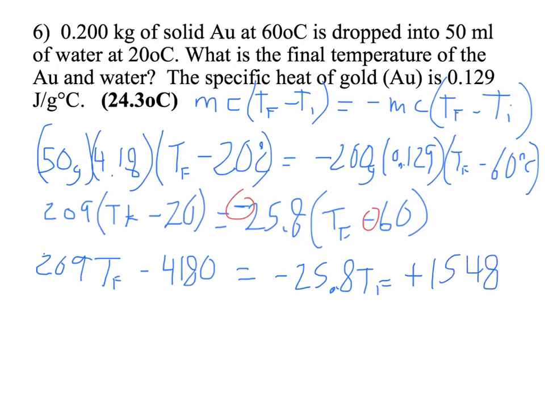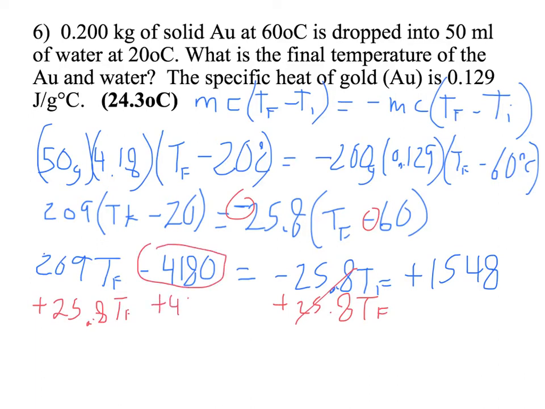Now what we have to do is get all the TFs on one side. So I'm going to add 25.8 TF to this side so that they cancel. I have to do the same thing over here, 25.8 TF. I also want to get this guy over to the other side, so I'm going to add 4180 to both sides.